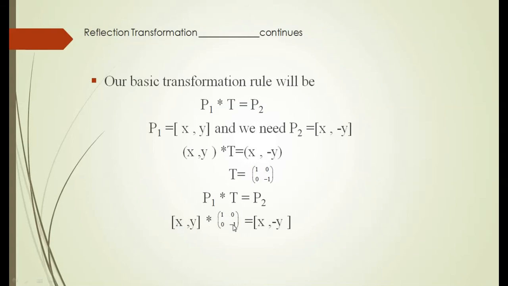That is, the first column gives x and 0, and the second column gives 0 and minus y. So the result is (x, -y).